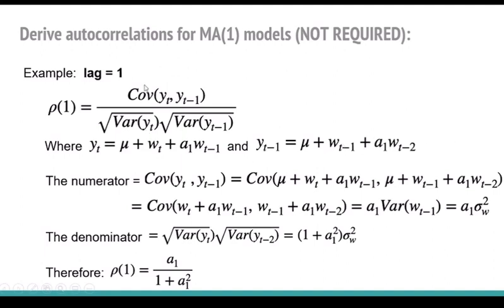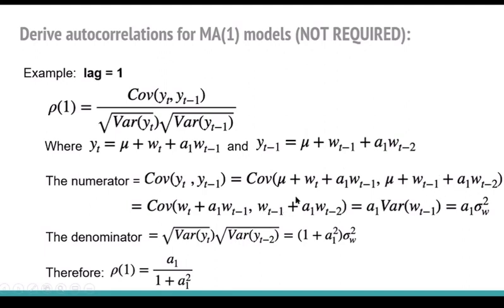Now if you want to find the numerator, then it means you want to find the covariance of yt, the whole of this is yt, that's why you are plugging it there. And for yt minus 1, you're going to put the whole of that. Take a look at that. Now if you want to find the covariance, of course, mu is a constant. It's going to be out. You're only going to have this guy here and this guy here.